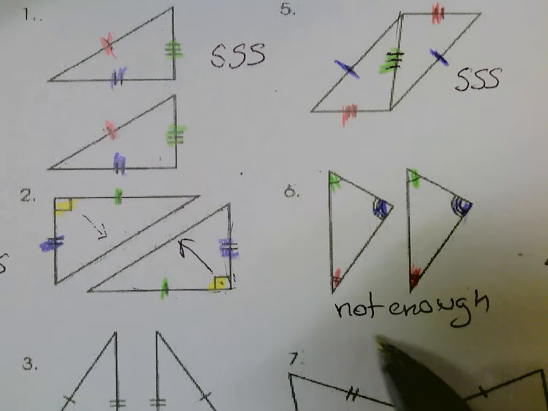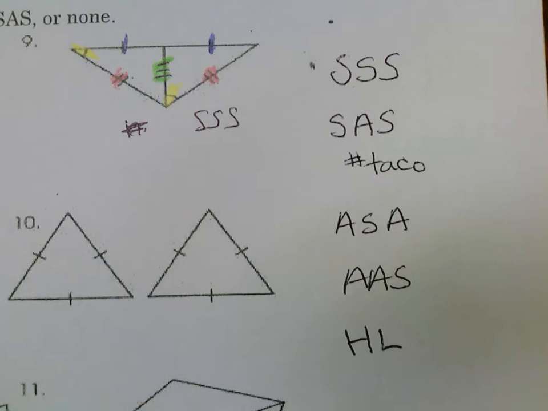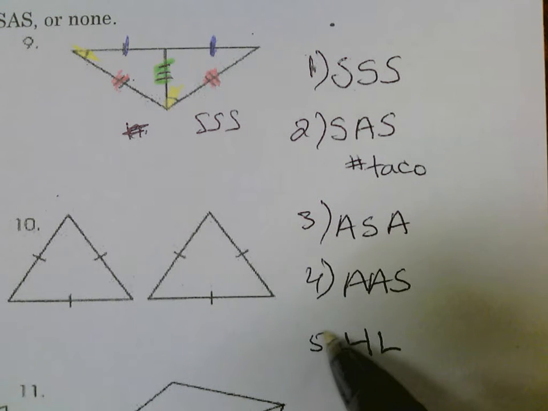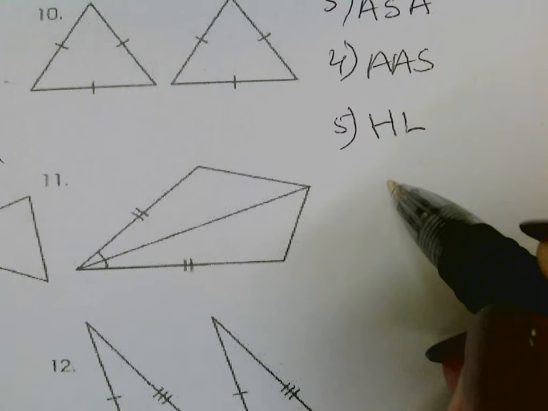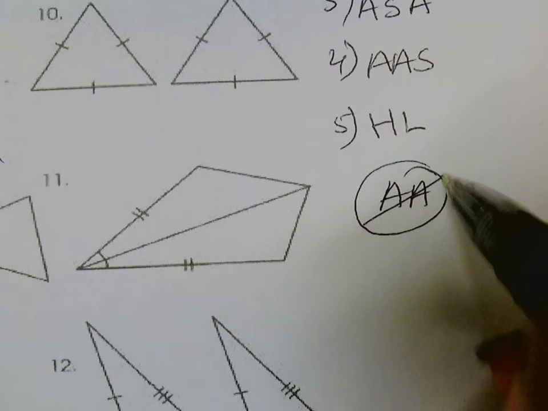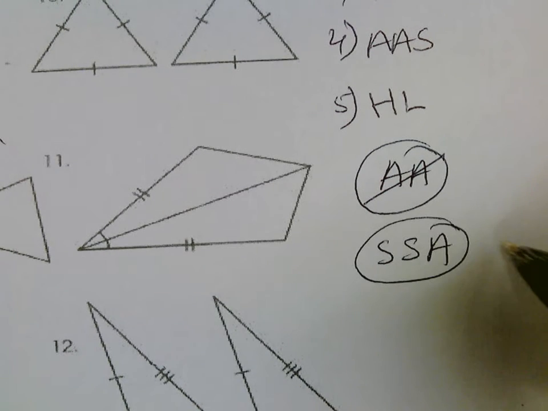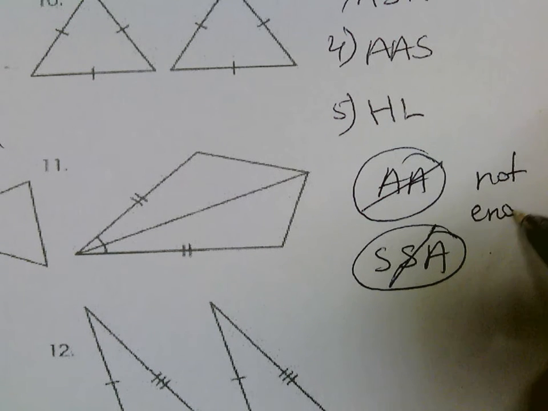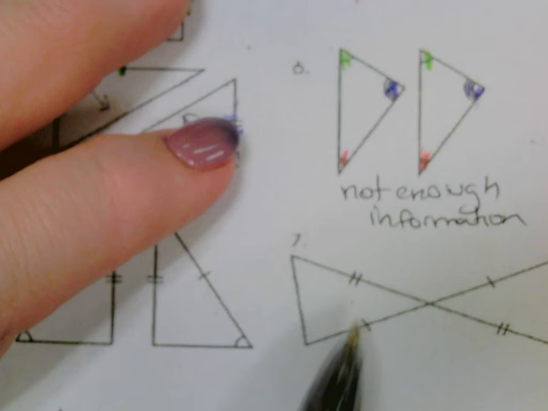So we have our 5 postulates: 1, 2, 3, 4, 5. But we also have angle, angle, which is not enough information, and SSA, which is also not enough information. Okay, and that's the case for this one, not enough information.